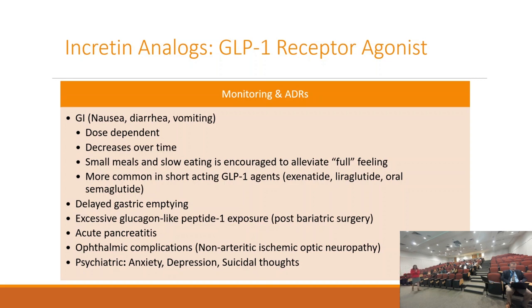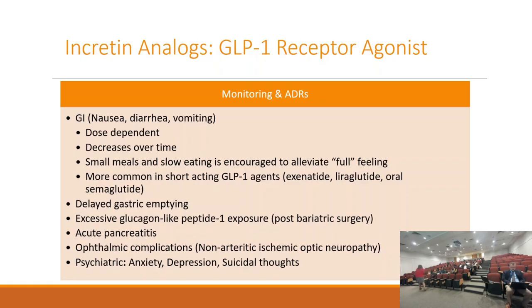As Dr. Colhane had in his side effects slides, GI effects are the most common side effects. Metformin I think of as being more typically diarrhea, gas, bloating. The GLP-1s are a little bit more like nausea, vomiting, but they can overlap and have very similar side effects.